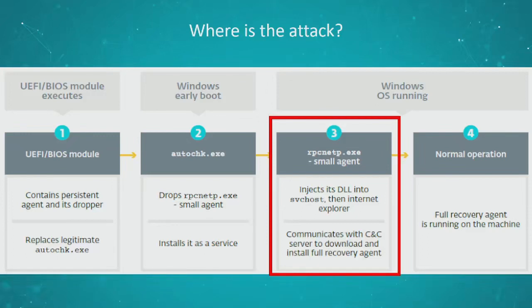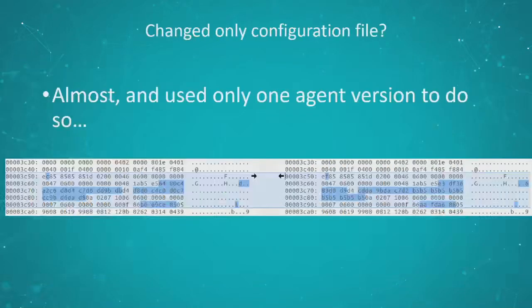So of course, you don't benefit from all the persistence mechanisms that the total solution of LoJack gives you. You don't have the UEFI module, but since you're only changing a few bytes in a small agent and it is legitimate software, you're still benefiting from the fact that a lot of AVs are actually whitelisting this small agent. So it's a likely scenario that they would just rely on the small agent and that's it.